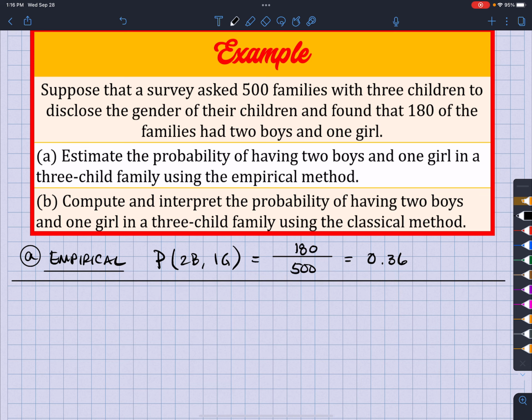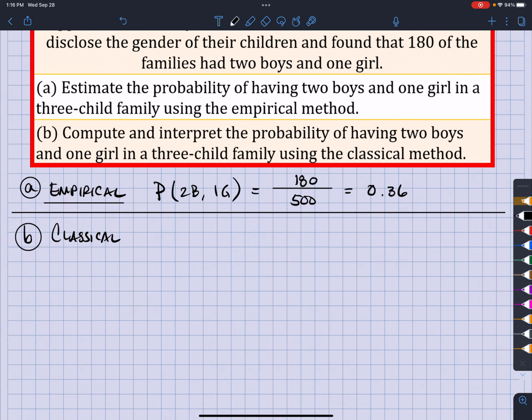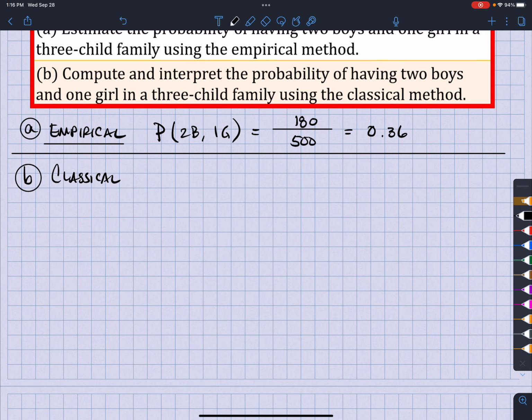Now, for the classical, what I would do is assume that there are equal outcomes for either boys or girls. So if someone gave birth to the first child, it can either be a boy or girl. And if they gave birth to a second child, it can either be a boy or girl.